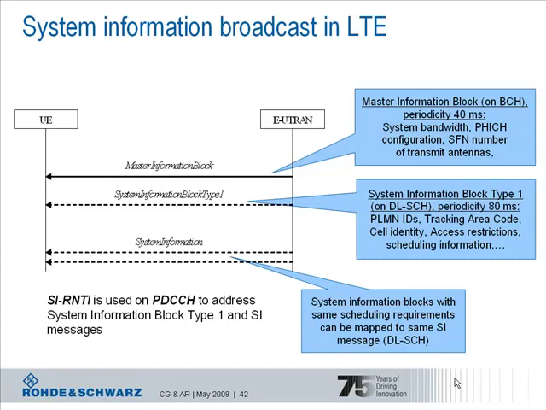This one is already transmitted using the shared channel transmission principle and has a repetition rate of 80 milliseconds. With information out of the system information block type 1, the UE is able to check the periodicity for system information messages. There could be up to 32 messages. A message contains system information blocks with the same scheduling requirements.